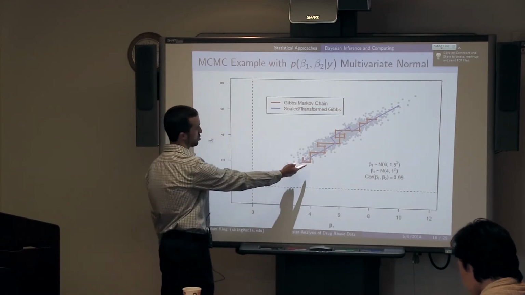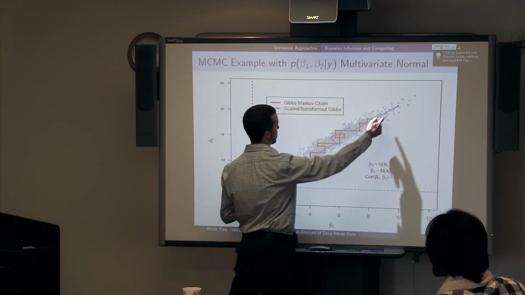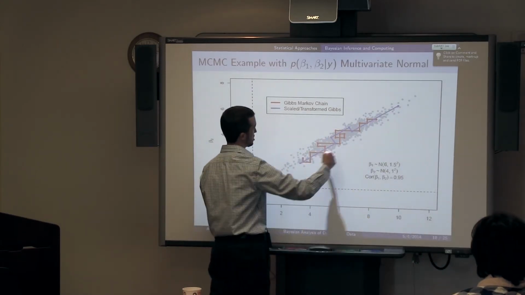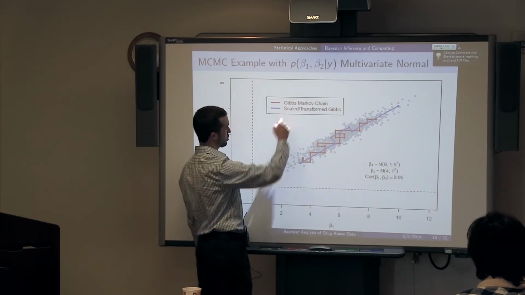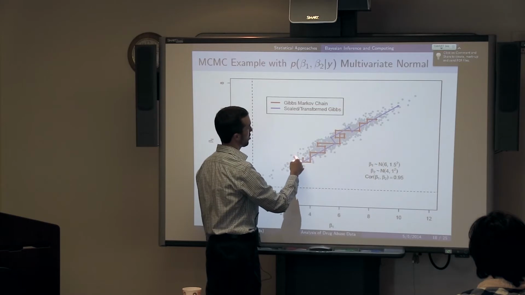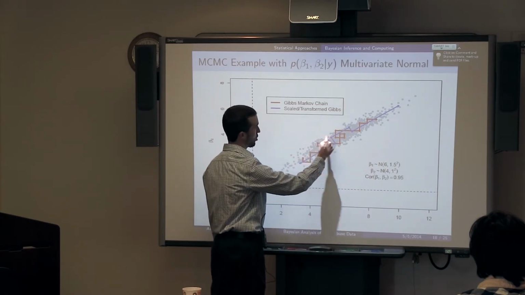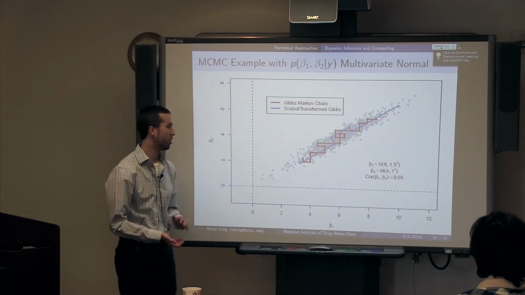If you're changing beta 2, you can only move up and down. If I want to explore this posterior distribution, which I've written with a sample of 1,000 points right here, using this Gibbs sampler, the only way I can get from one side to the other is to go over and up, over and up, over and up, over and up. And you can see it takes a very long time to get from one side to the other.